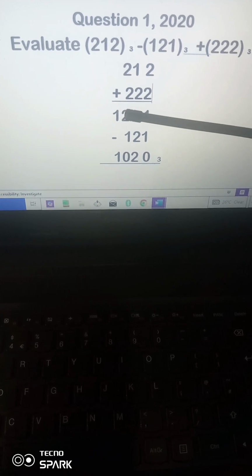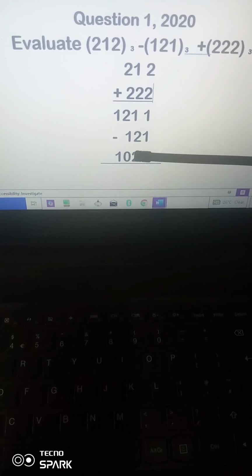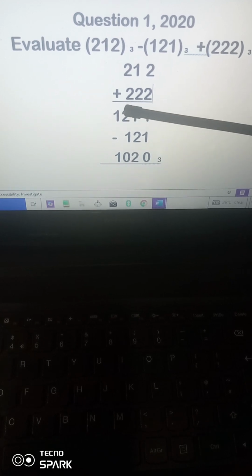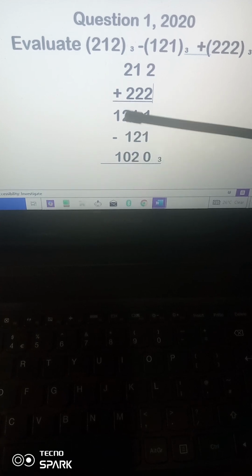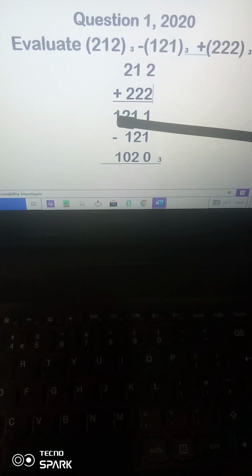The 1 we borrow from these two is 3. 3 plus 1 is 4. 4 minus 2 is 2. Here is left with 1. 1 minus 1 is 0. And here is left with 1. 1 minus 0 is 1.